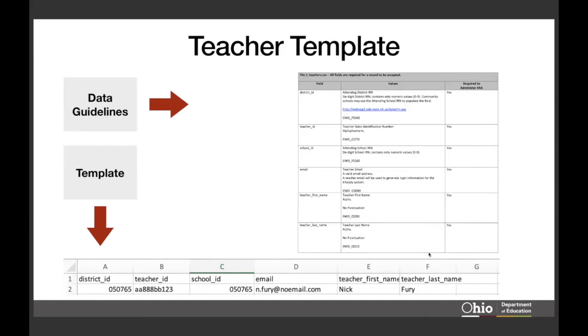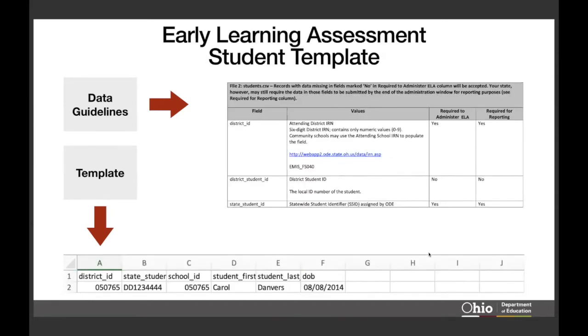Next, the student templates. First, we'll talk about the early learning assessment. For the student template, there are two types of templates. One is a required template, which is the information that's required to function in the system. And then there's an all fields template where there are additional demographic fields that are needed.